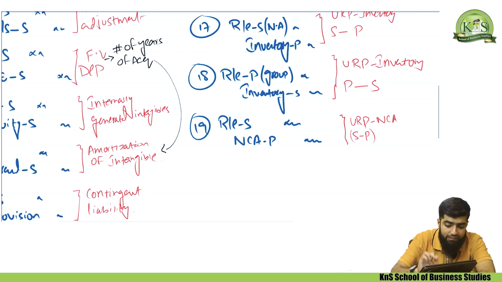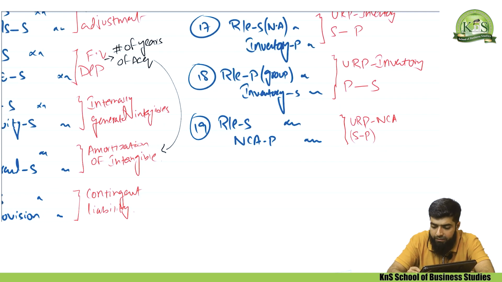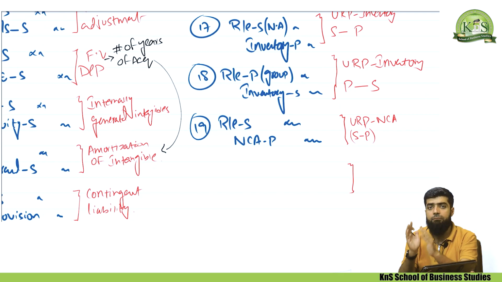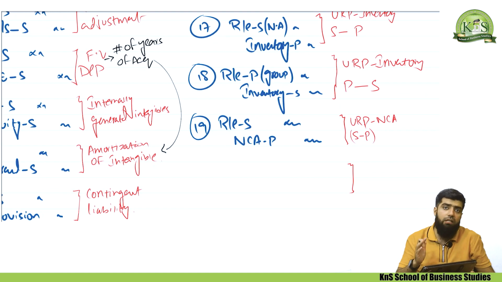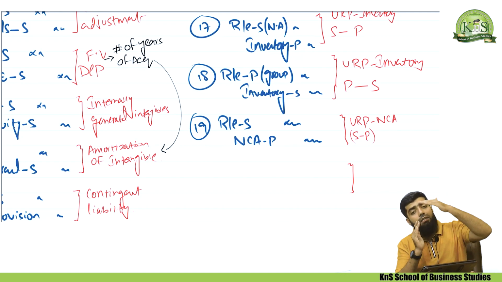Okay, but again, this is not the end. There is another problem. If the subsidiary company has transferred that asset to P company, and definitely P company has recorded that particular non-current asset at the sales proceed value, which means P company has recognized that gain on disposal or URP in the value of the non-current asset, which means the non-current asset of P company is overstated.